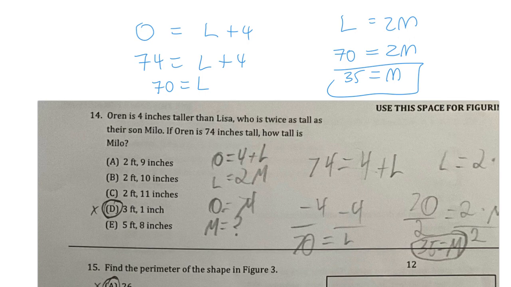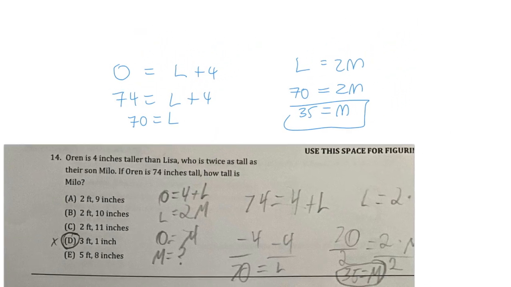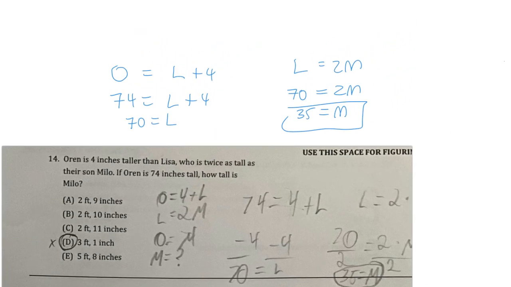Here's the thing though, the answer choices feature feet and inches, so we have to figure out how many feet 35 inches is. That's actually not too hard. You could do 35 divided by 12, because we know there are 12 inches in a foot. So 12 times 2 would give us 24.